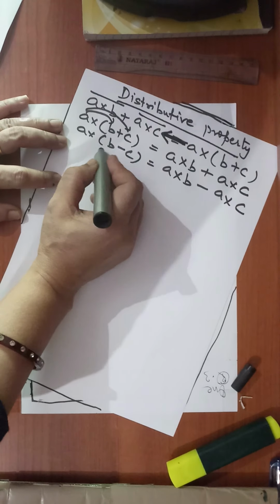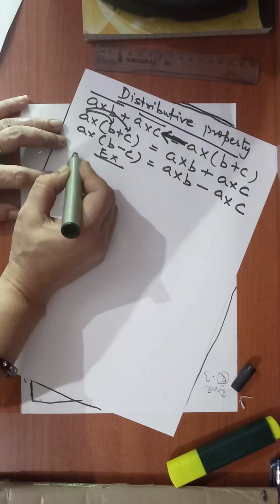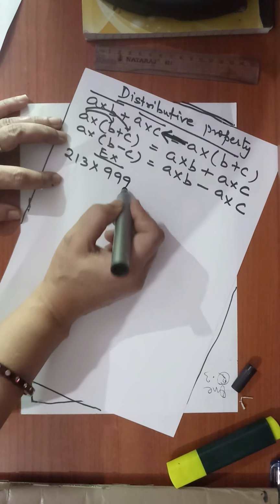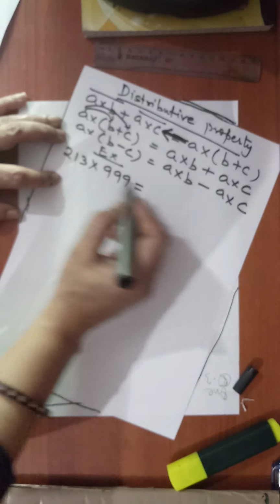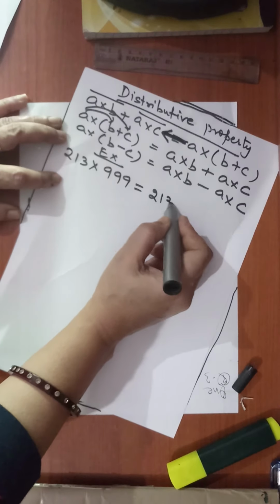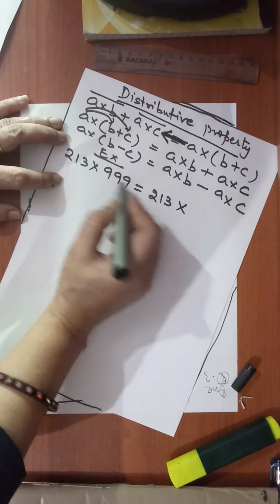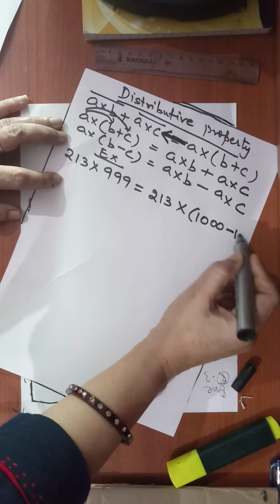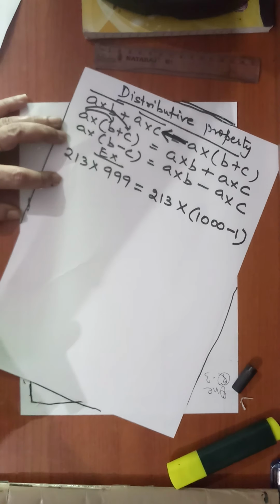Now suppose I have an example, a question like this: 213 multiplied by 999. What we can do to make our work easier, we can write 213 multiplied by, instead of 999, I'll expand it and write 1000 minus 1.